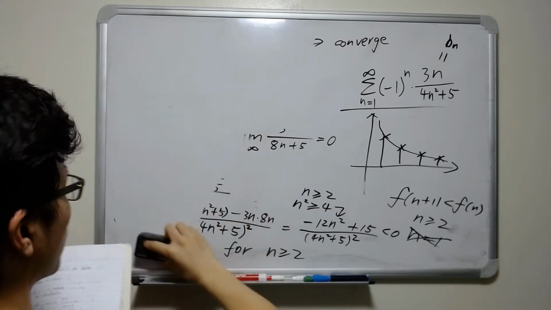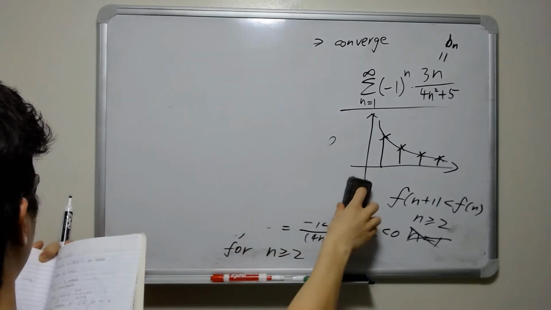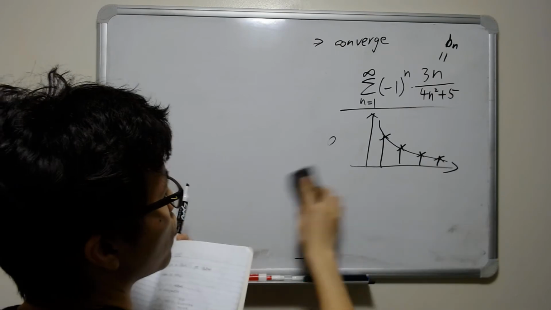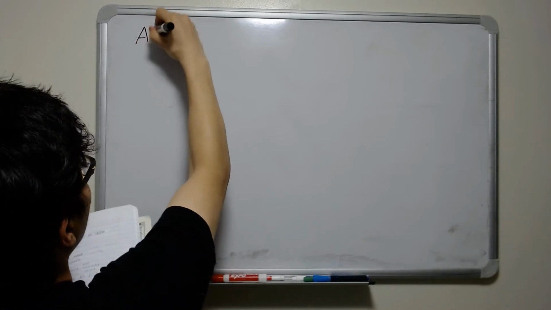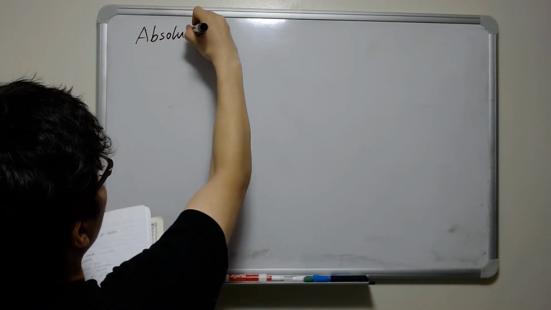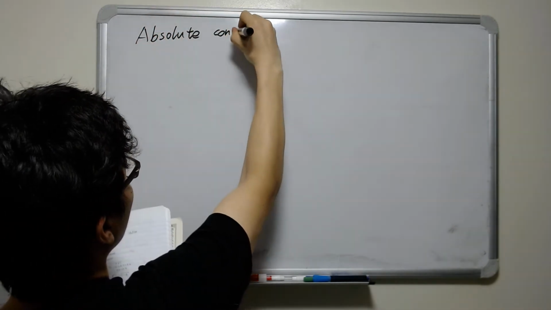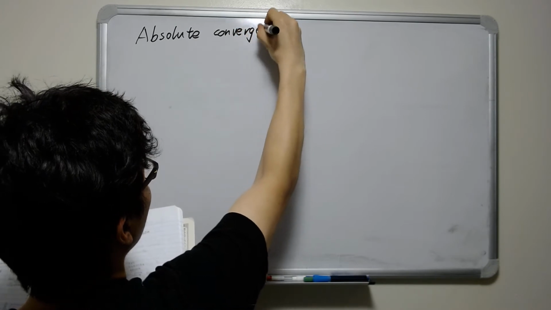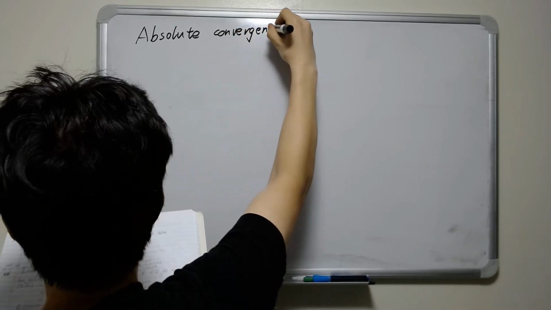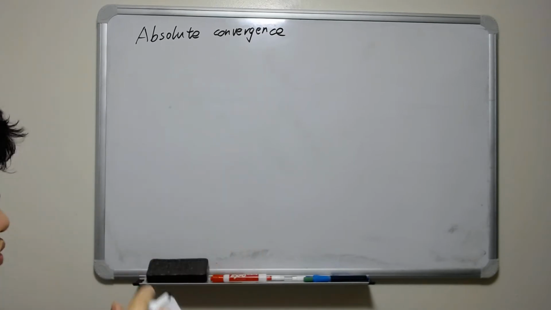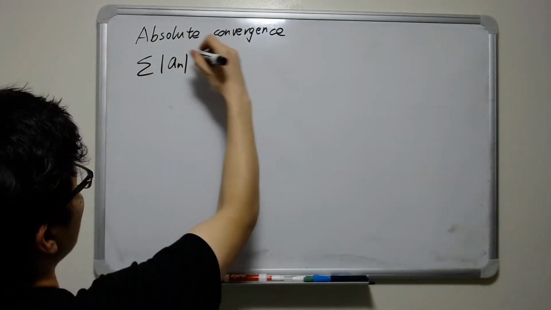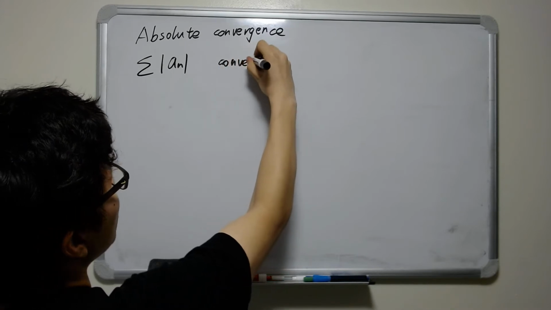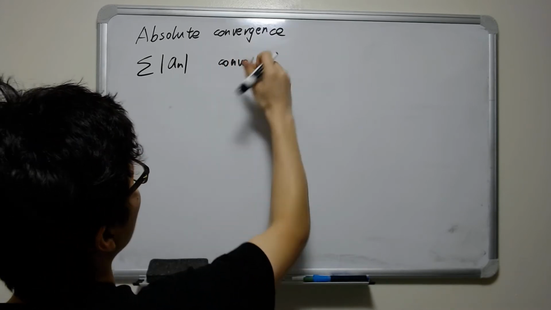I would like to introduce absolute convergence first. So what's absolute convergence? Absolute convergence means the summation of the absolute value of a_n converges.